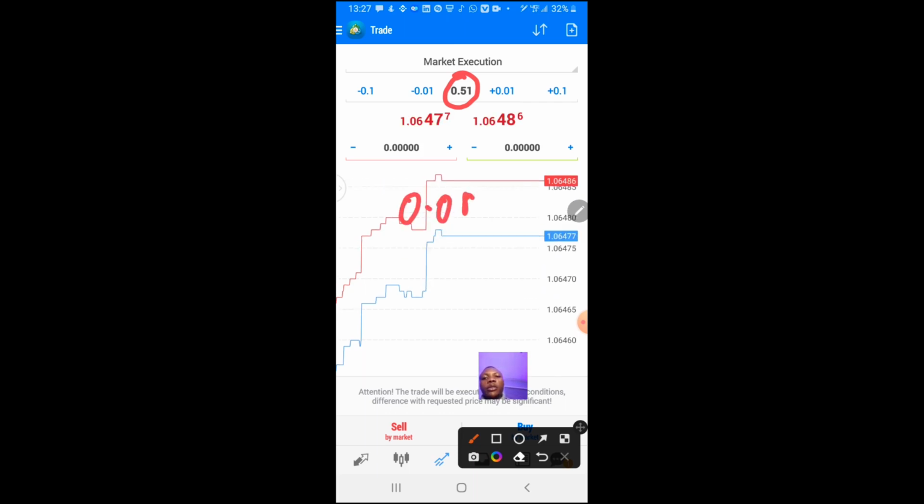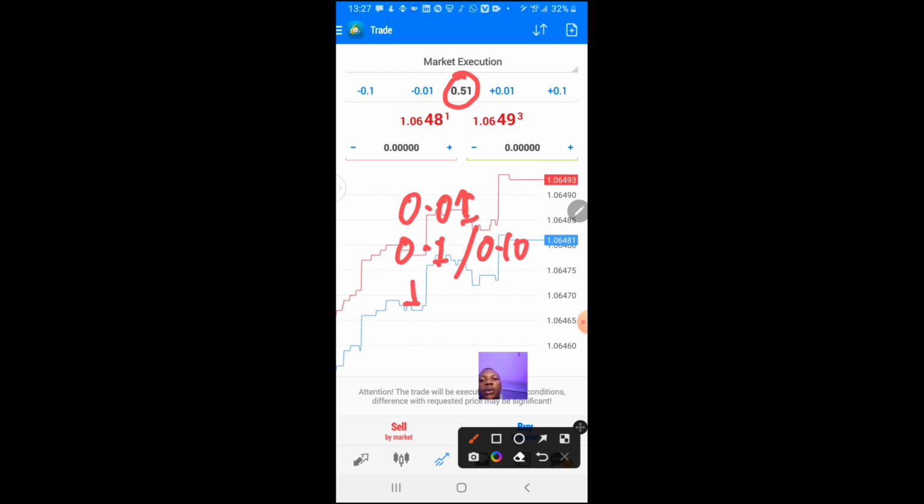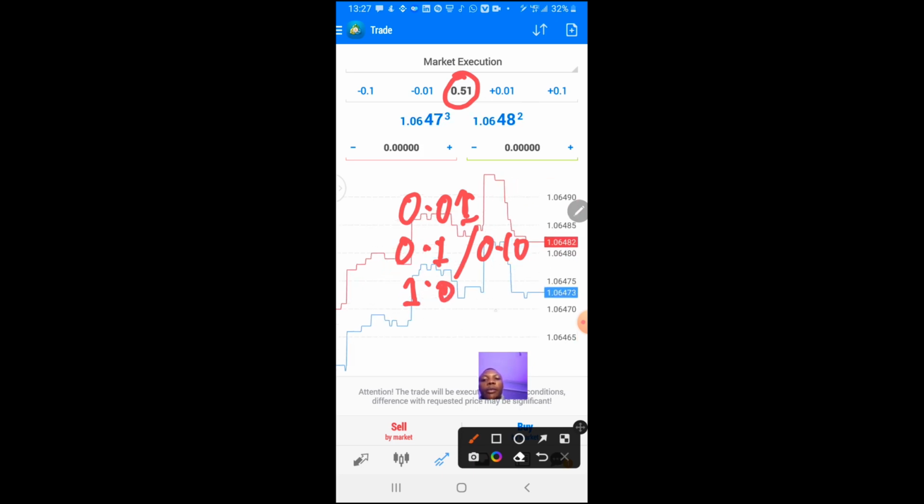0.01, then mini is 0.10, so that you shouldn't get confused. Then standard lot size is 1.0.